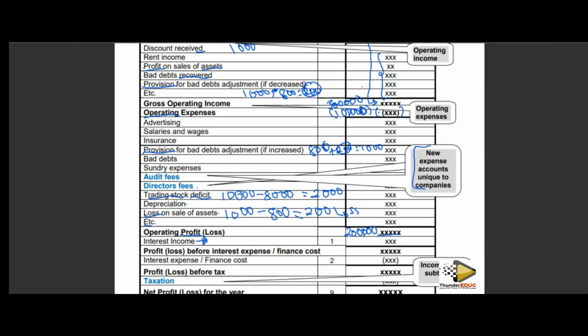So that interest they give us, we call it the interest income, okay? So interest income always comes after operating profit.